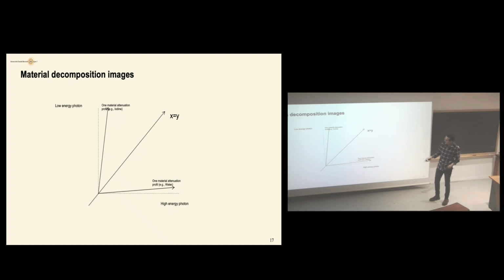So you see, it's the way we are geometrically illustrating the projection of one tissue in the basis images. So you have the profile of a low linear attenuation coefficient tissue, and here a high one.